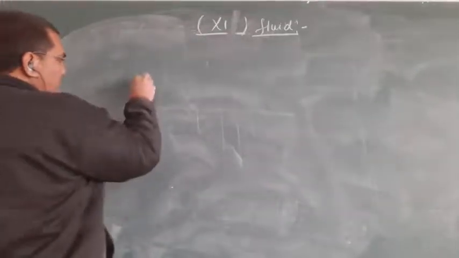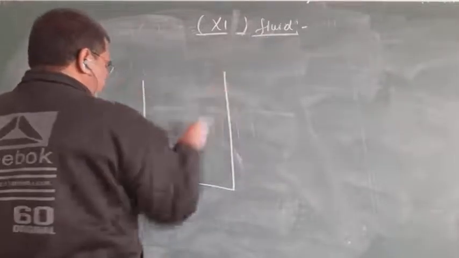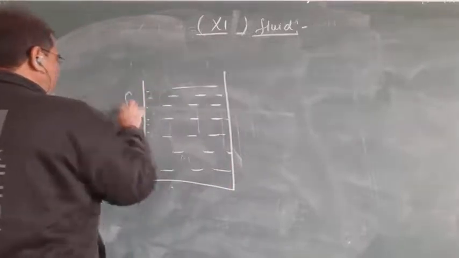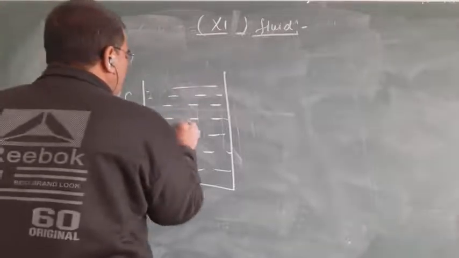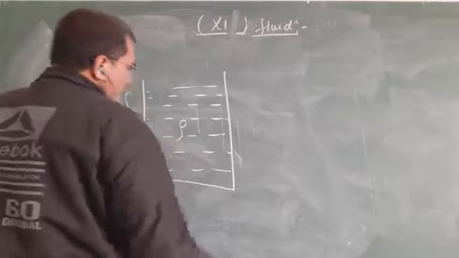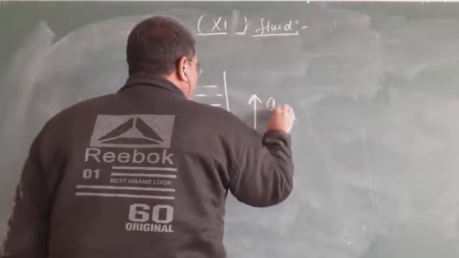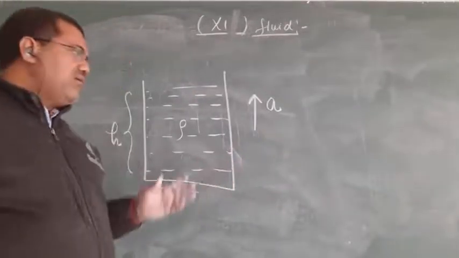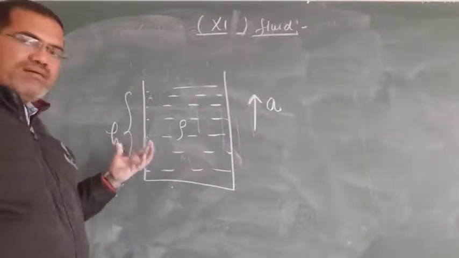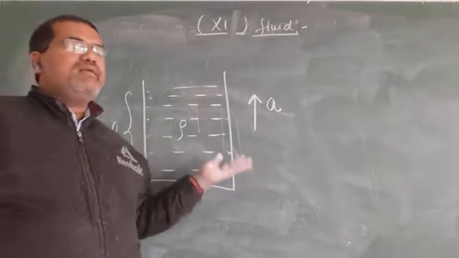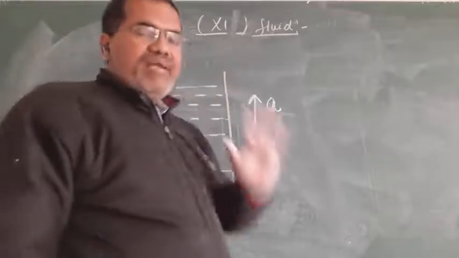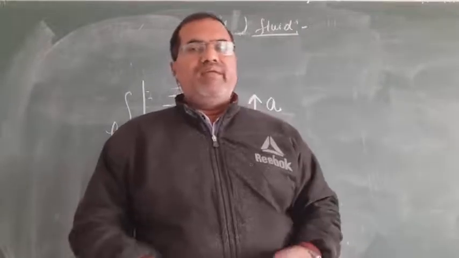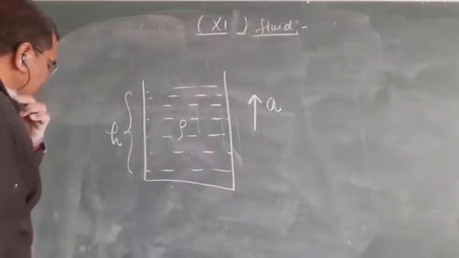Consider a container moving vertically, having a liquid filled up to height h, the density of the liquid is rho, and the container is moving with acceleration a in the upward direction. This is analogous to the case of NLM.